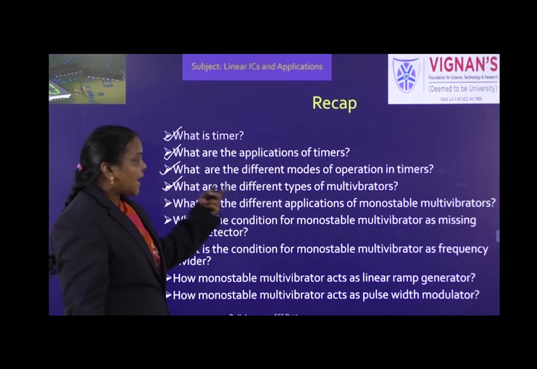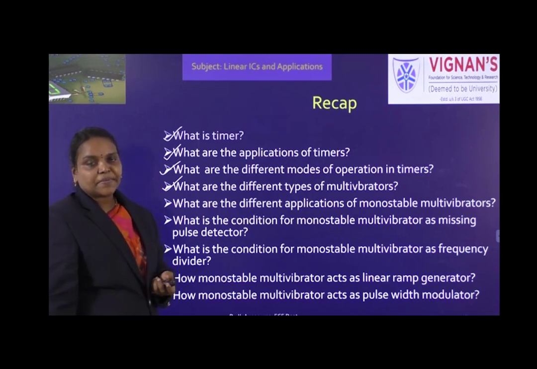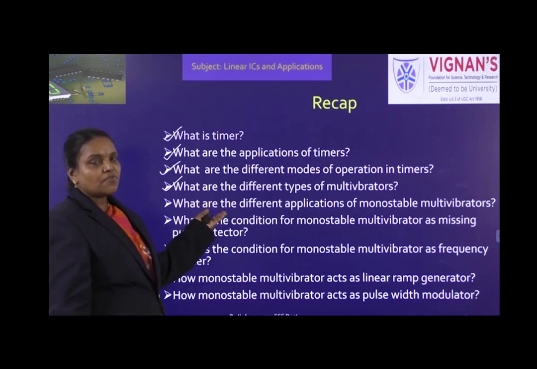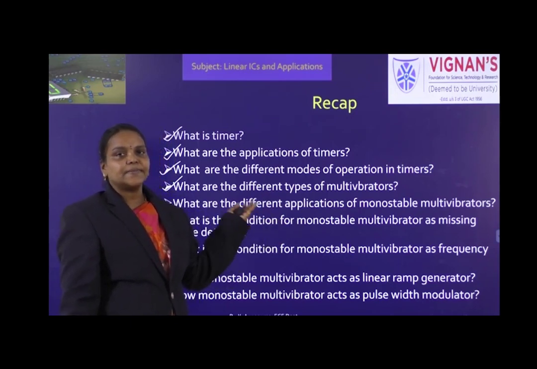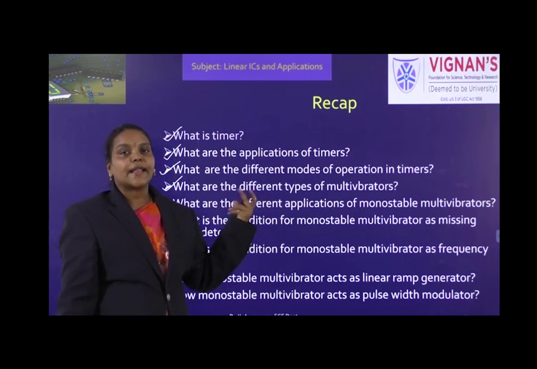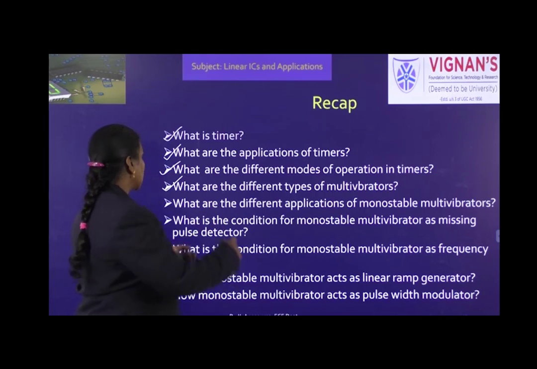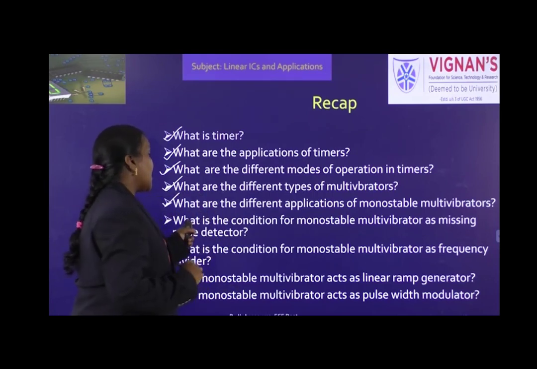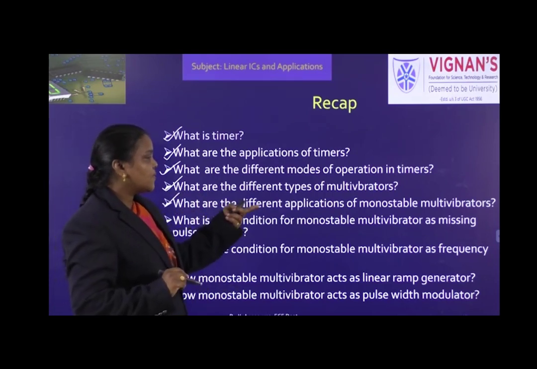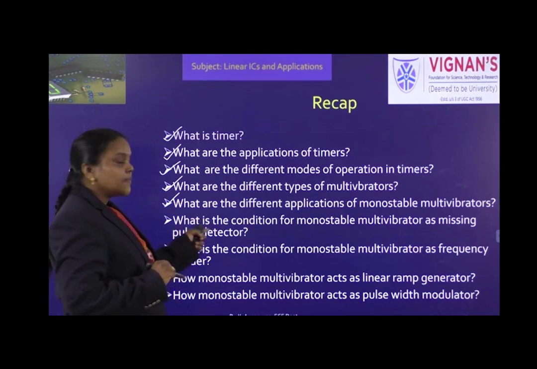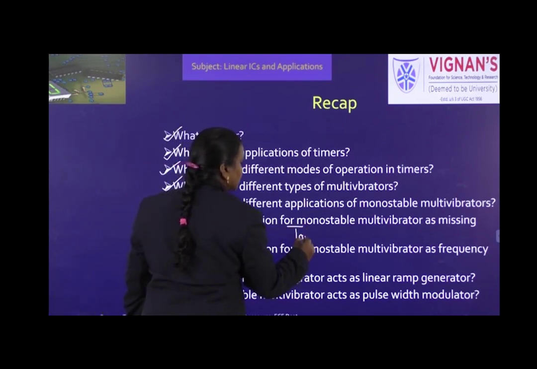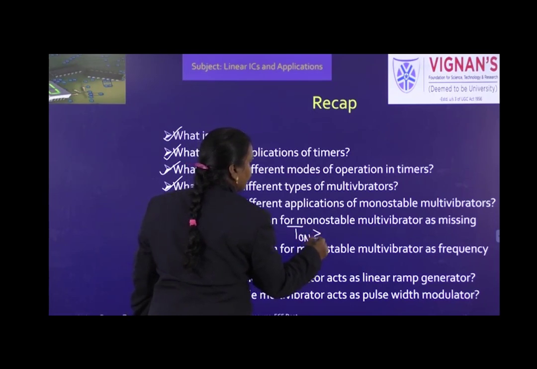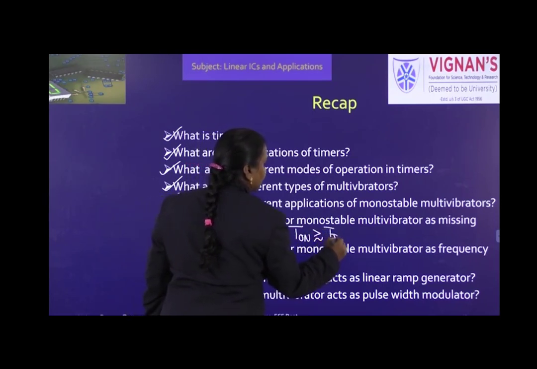And what are the different applications of monostable multivibrators? So, just now we have seen frequency divider, missing pulse detector, pulse width modulation, ramp generation. Okay, so these are the applications. And what is the condition for monostable multivibrator as missing pulse detector? T on should be slightly greater than trigger period.